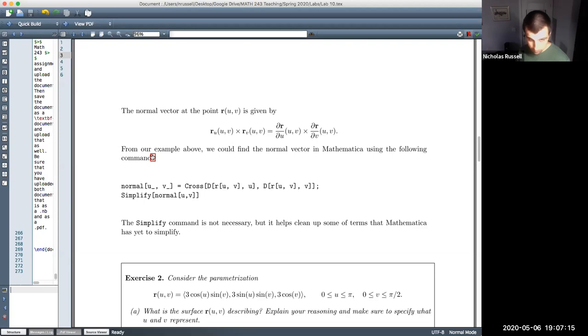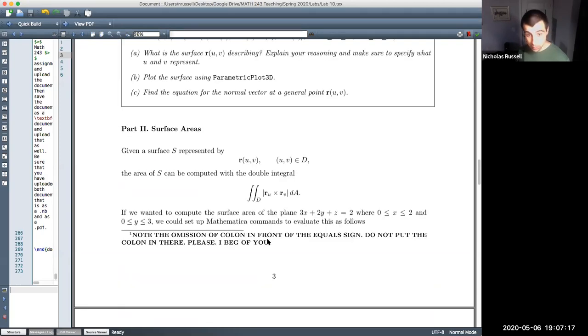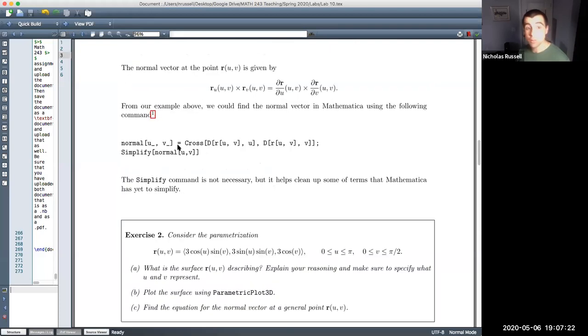I have this little note right here that says, for the love of God, please do not put a colon. If you put a colon here, it becomes very weird and messes everything up. So make sure that if you're going to suppress the output, you put the semicolon at the end. And then you can just use a Simplify command. It helps clean up terms that Mathematica doesn't simplify, but it's not necessary at all for a regular computation.